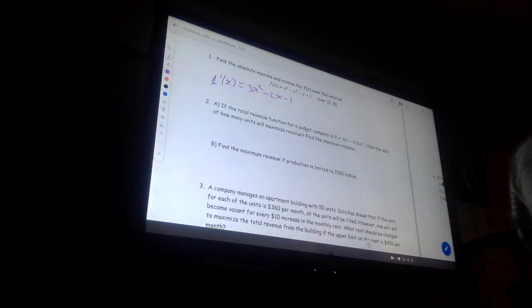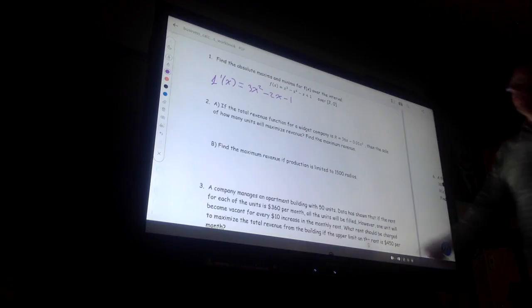So if I take the derivative of this, I'm going to get f prime is equal to 3x squared minus 2x minus 1. And then when you factor the derivative, it's going to find you the max and min or the points of inflection, depending upon the signs of our sign line.